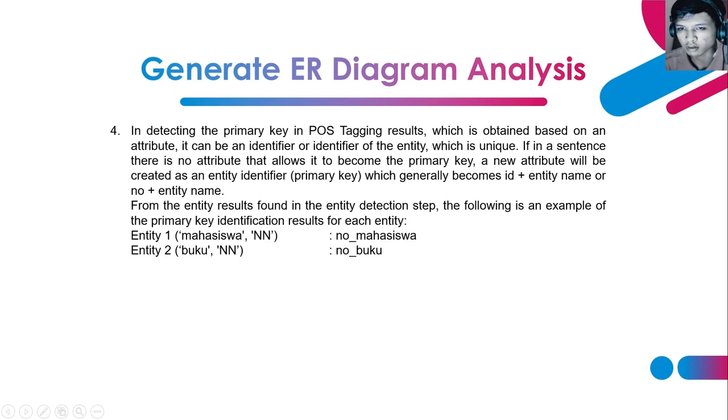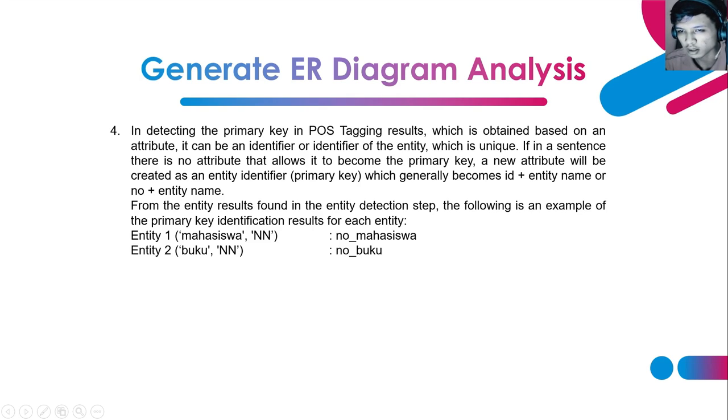Fourth, in detecting the primary key in the POS tagging result, it is obtained from an attribute that can be an identifier of an entity which is unique. If in a sentence there is no attribute that can become the primary key, a new attribute will be created as an entity identifier or primary key, which generally becomes ID plus the entity name, or no plus the entity name.